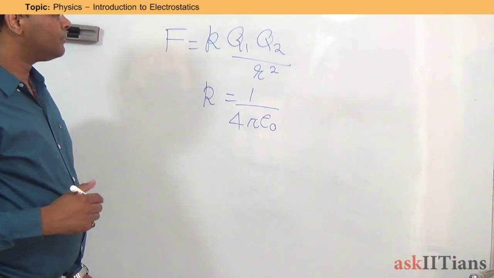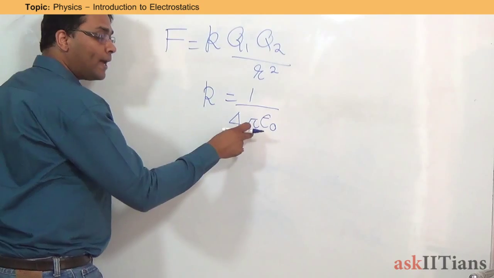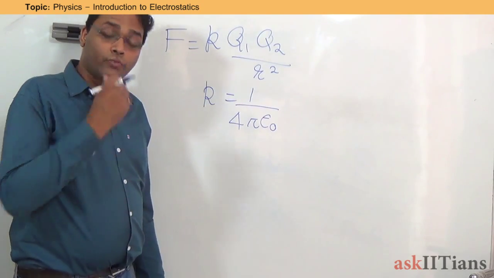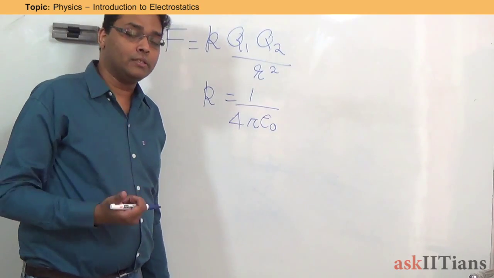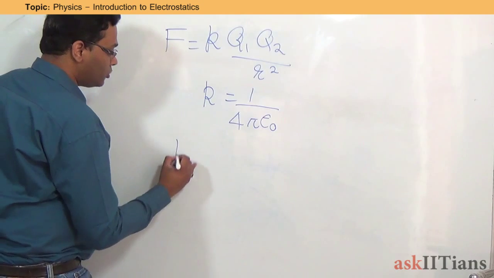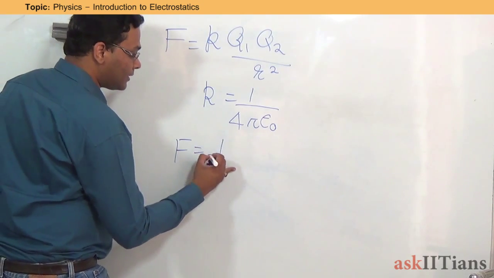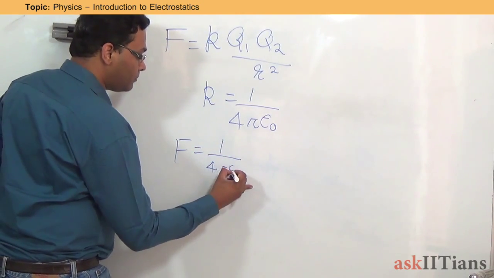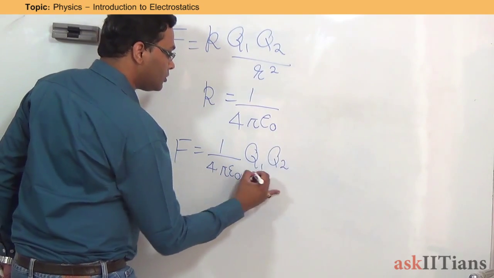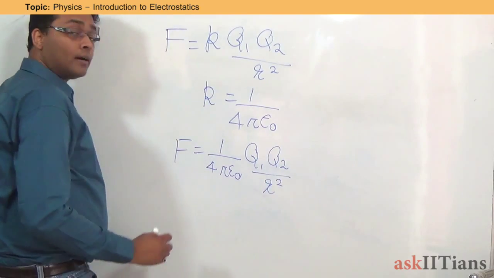This 4 pi factor comes because of the SI system of units. So when you measure force in newtons, this 4 pi factor plays a role, and I get 1 over 4 pi epsilon naught Q1 Q2 upon r square.